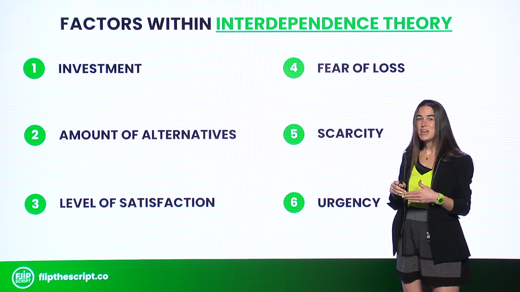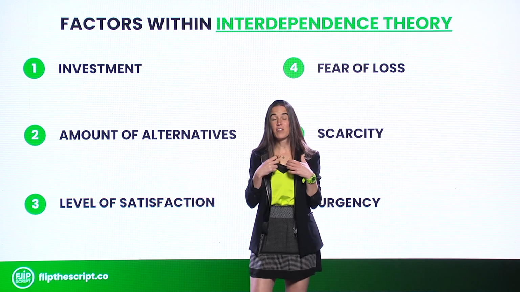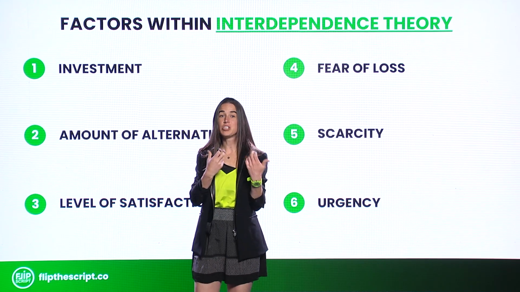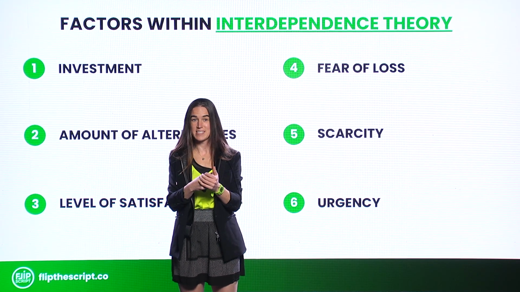Number 5, scarcity of the relationship. And number 6, the urgency behind initiating the relationship and continuing on in it. So these are the 6 factors that people consider whenever they're thinking about how much they should value this person in a work context, personal context, etc.